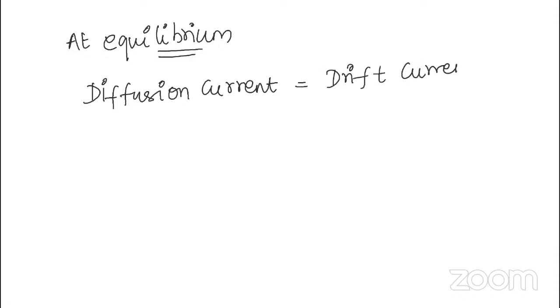So here diffusion current is equal to drift current. Okay. So by taking the net current value, it is 0. In the 0 condition, we call it V naught.